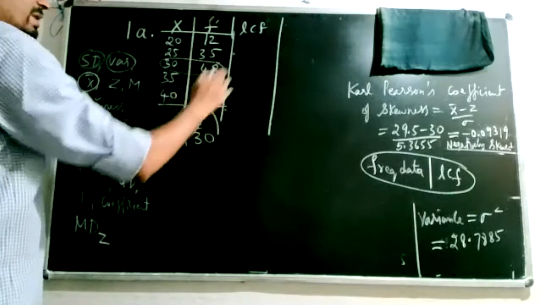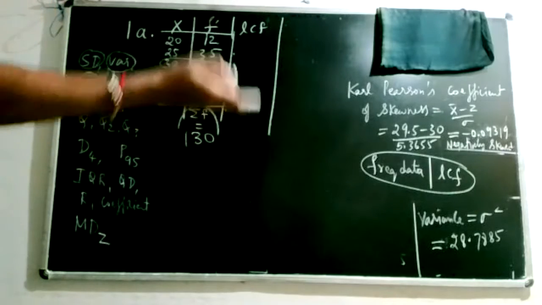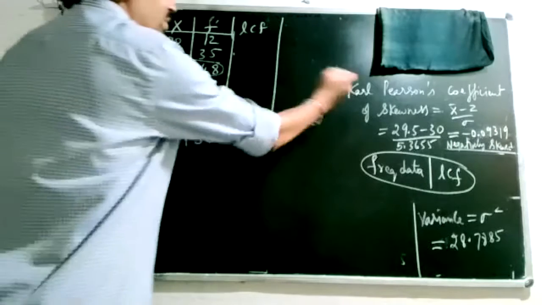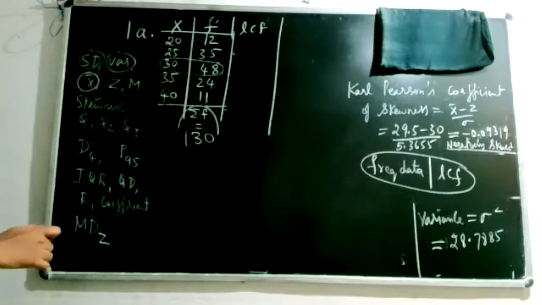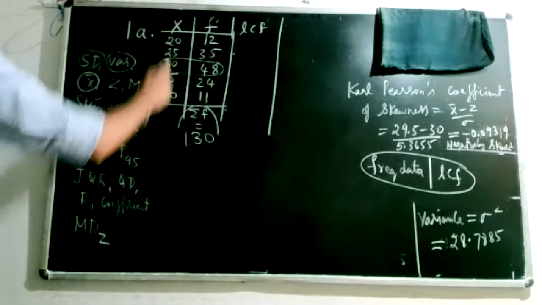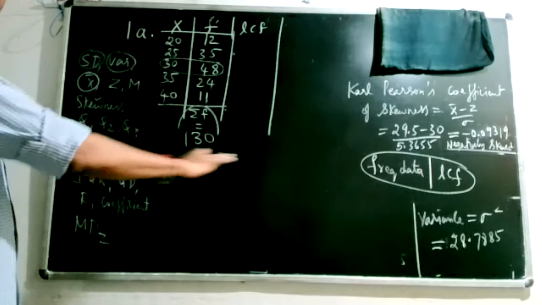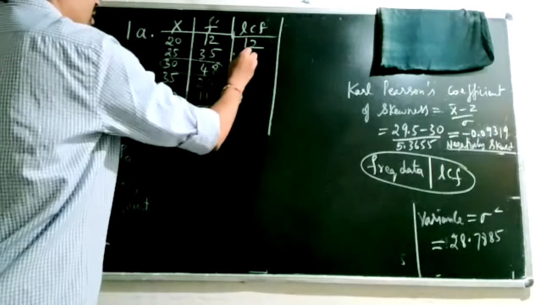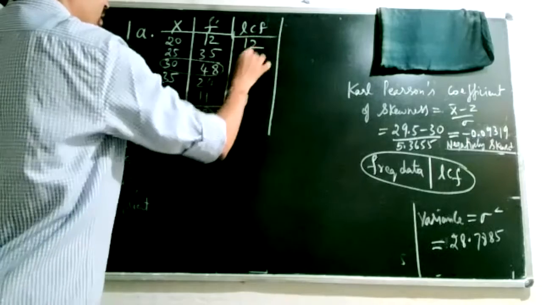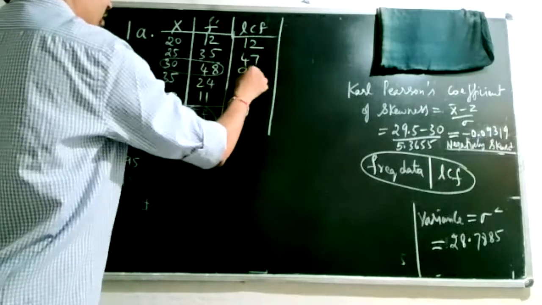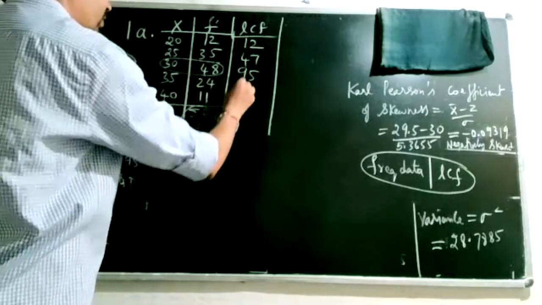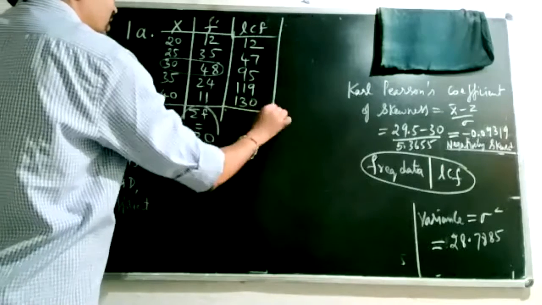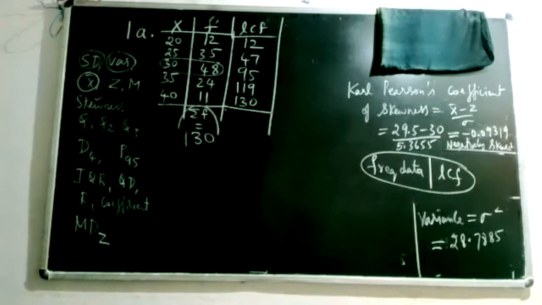So you have the frequencies, after the fx square column, write LCF next to it. Suppose you don't have space, then you can write it in the next table, but you need x values and f values. Don't just start from the LCF. We'll have 12, then 12 plus 35, which is 47, plus 48, 95, plus 24, 119, plus 11, 130. So these are the values of LCF.